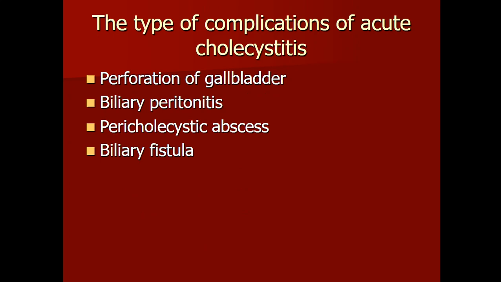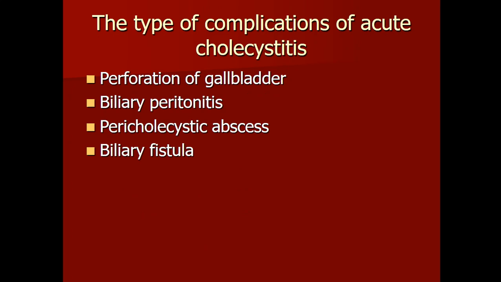The next complication of acute cholecystitis is biliary peritonitis. It occurs with the entry into the peritoneal cavity of bile leakage due to various causes, including cholecystitis-induced gallbladder perforation, trauma, a detached catheter during biliary drainage, and incomplete suture after biliary operations.